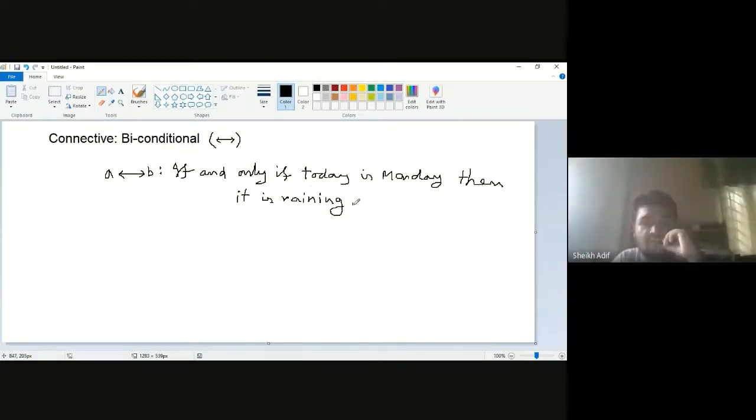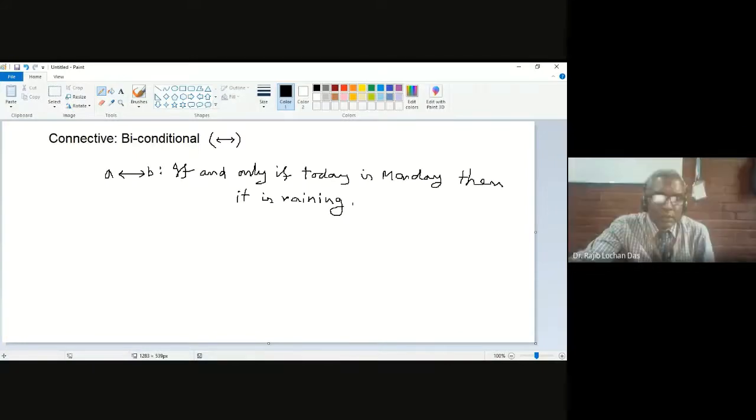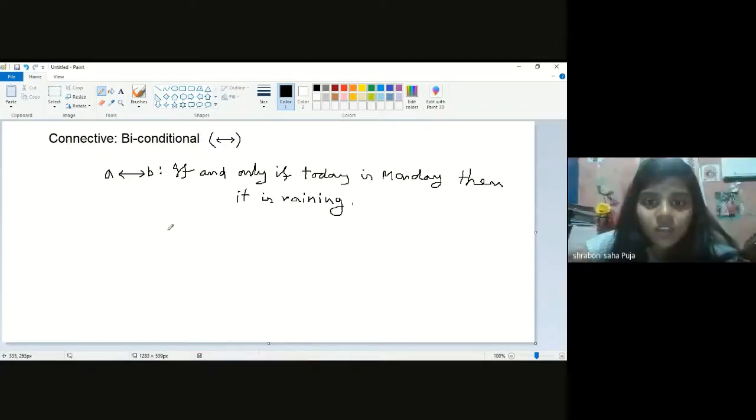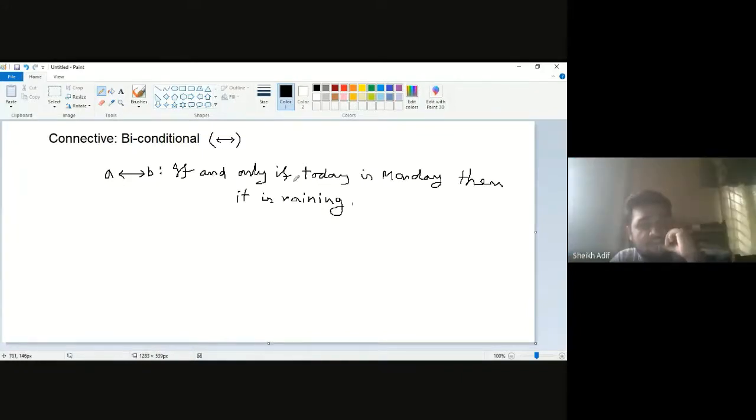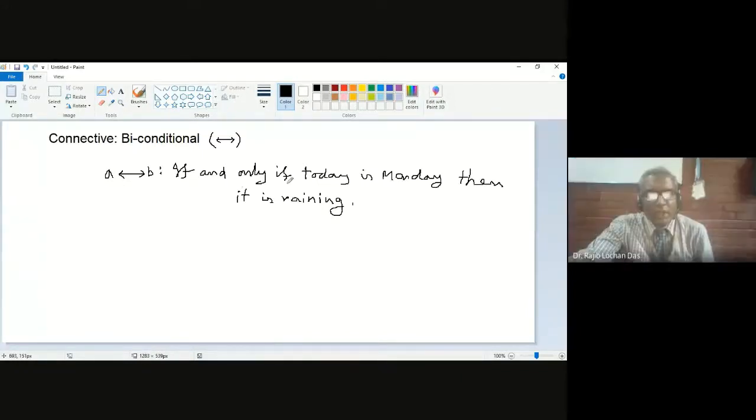So here we also use then and if. If and only if, then you will write A. A means today is Monday, then it is raining. So this is the A part and this is the B part.